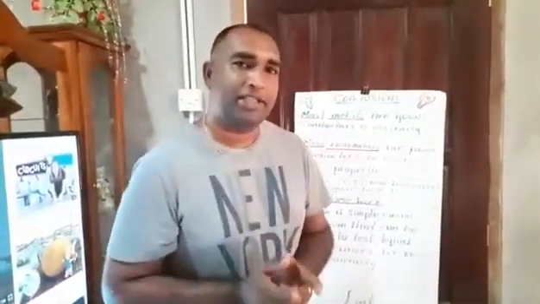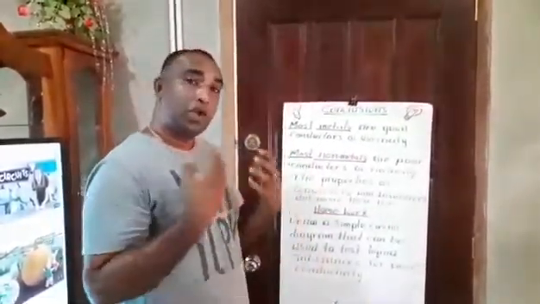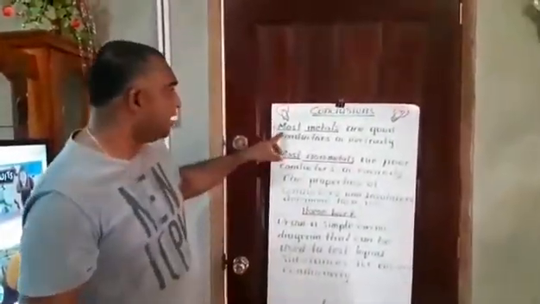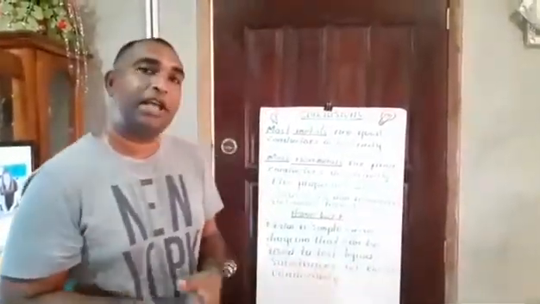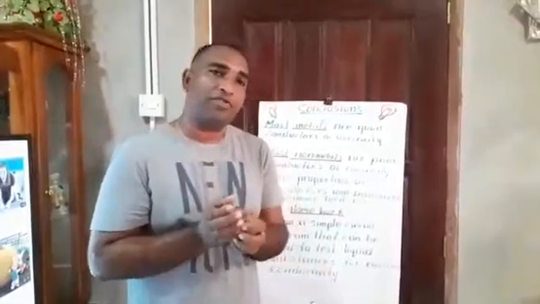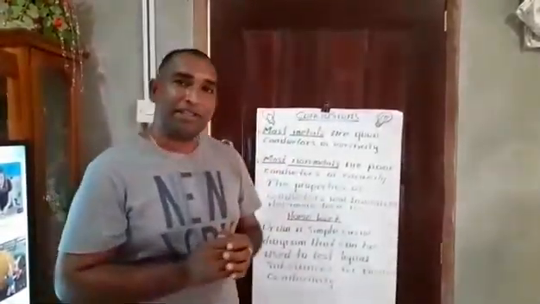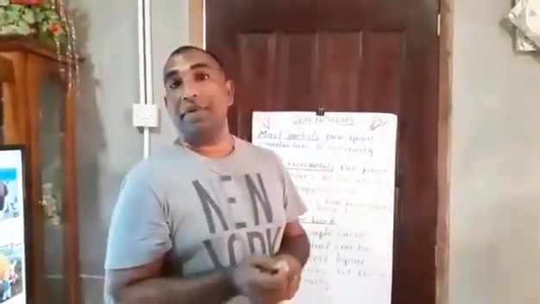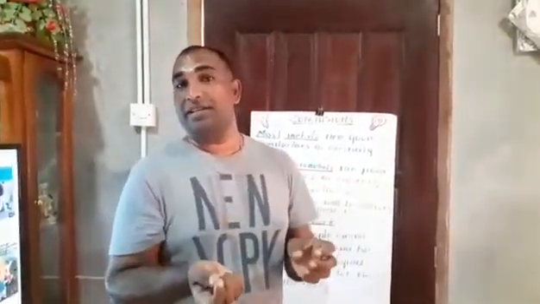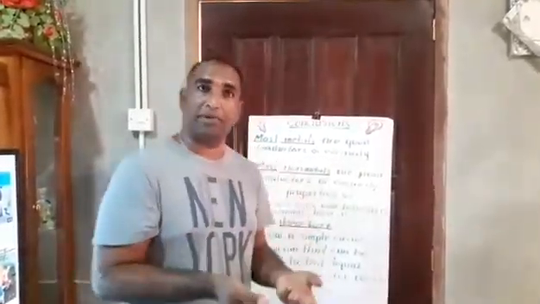From our activity, you can see that we can form a few conclusions. One is that most metals are good conductors of electricity because they allow the flow of electrons freely, whereas most nonmetals, except graphite, did not allow electricity to pass. For example, plastic and wood and paper.